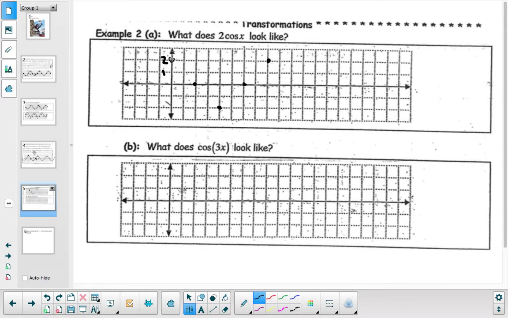So again, it would start at 0, 1, but I'm multiplying cosine by 2, so 1 times 2 would be 2. And then same thing down here. At pi, cosine of pi is negative 1, but 2 times that would be negative 2. So it gets scaled vertically.